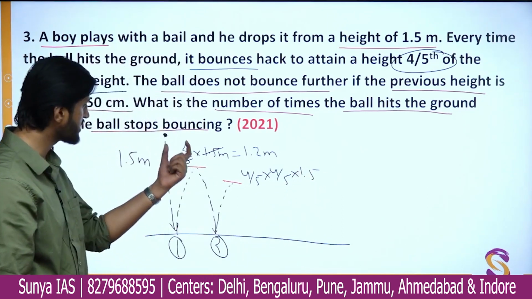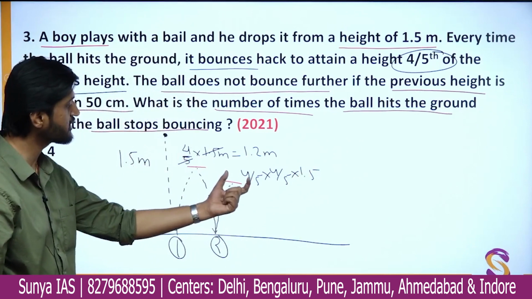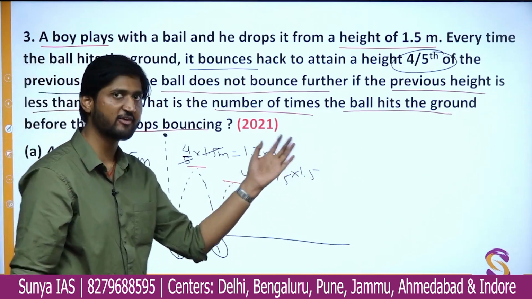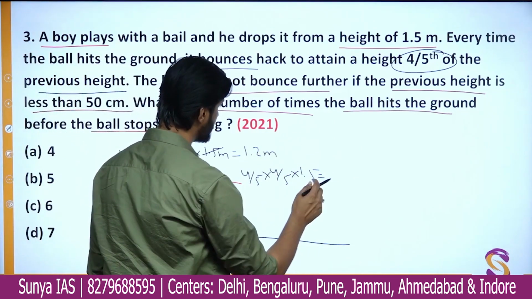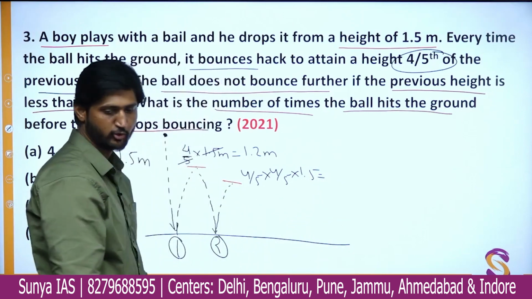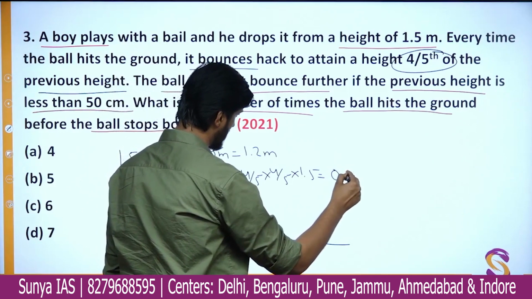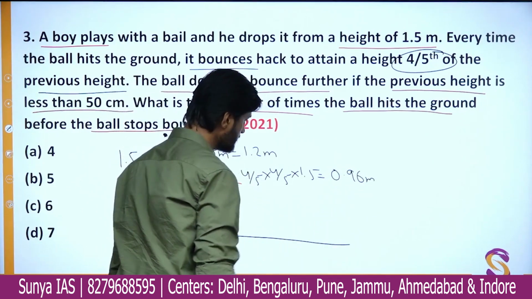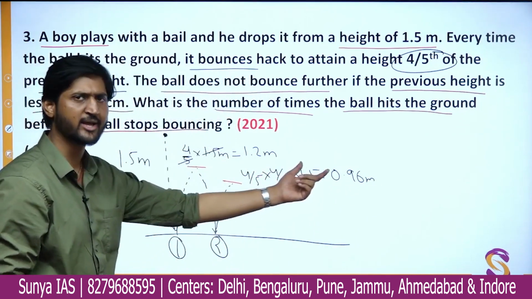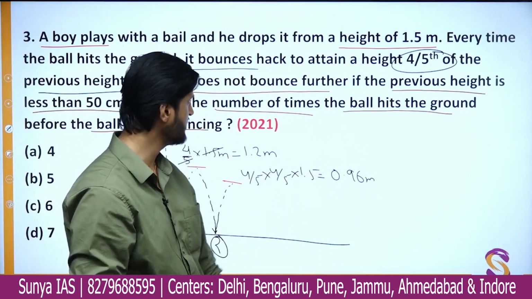So this height is 4/5 of the first, and this height will be further 4/5 of 4/5 of the first. If you calculate, the value comes out to be around 0.96 meter. So now it will bounce back to a height of 0.96 meter or 96 centimeter, right?